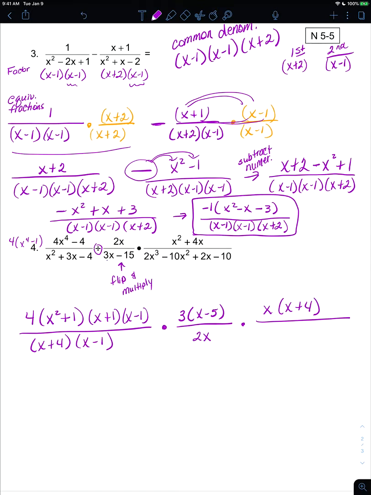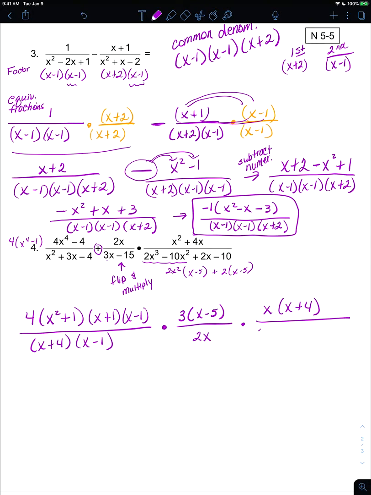This one, let's see, it's a 4 term, so let's do grouping. So we're going to factor out 2x squared out of those terms, and that would leave us with an x minus 5. And then if we factor out a 2, that would leave us with an x minus 5.